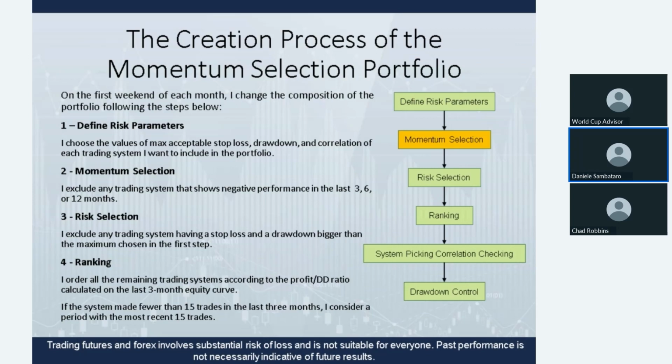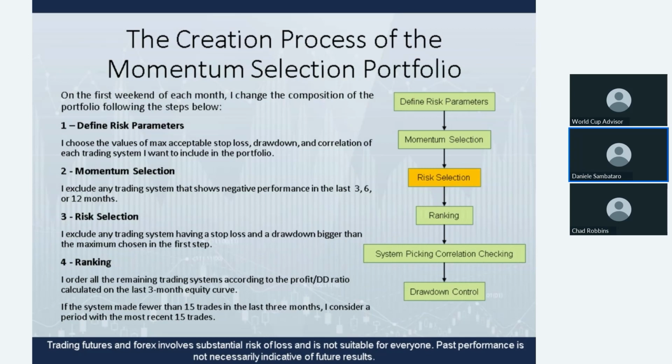Then, in the next step, I make a selection based on risk, and I exclude any trading system having a stop loss or a drawdown bigger than the maximum I chose in the first step.